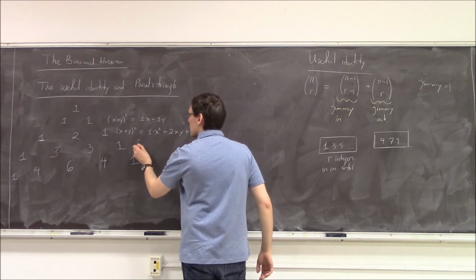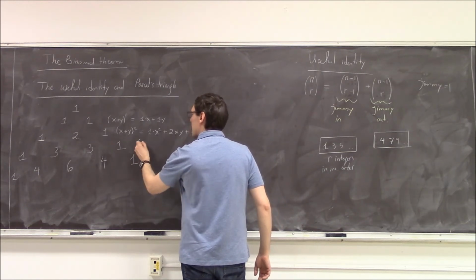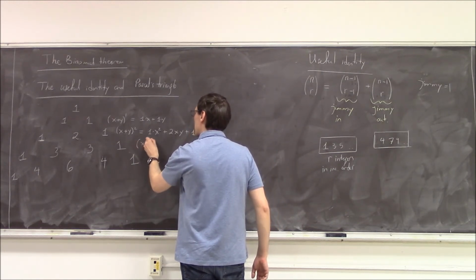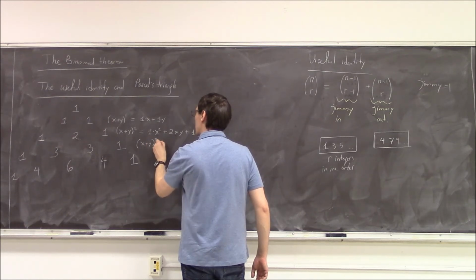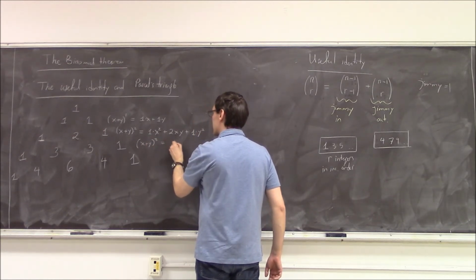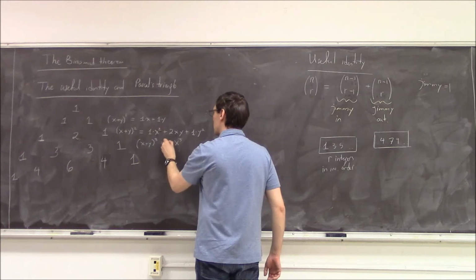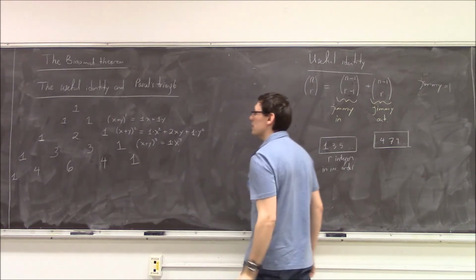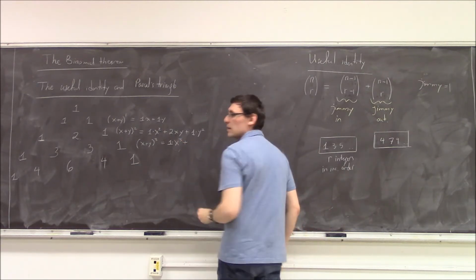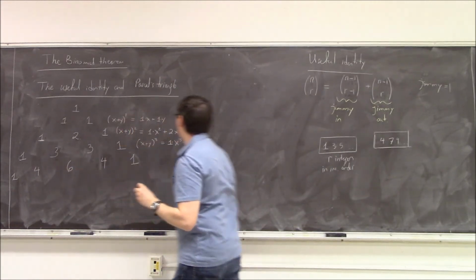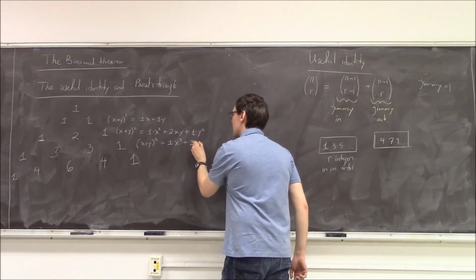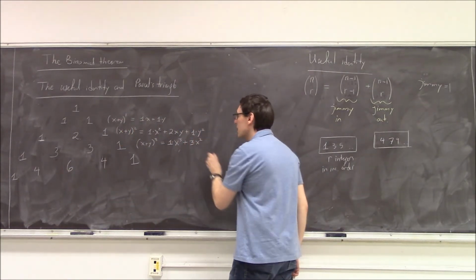So this third row has x plus y cubed, and that tells me, begin with x cubed and put 1 in front of it, plus, you guessed it, now it's 3 times x squared y.